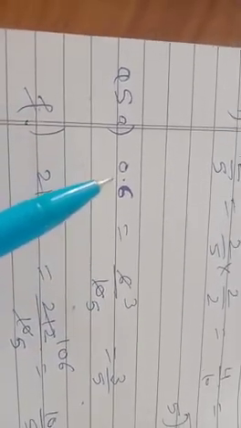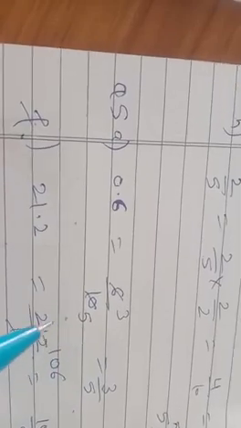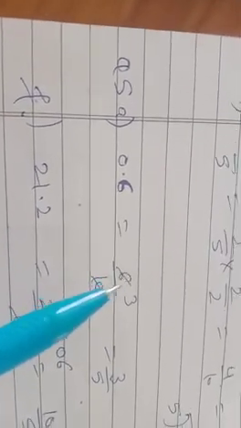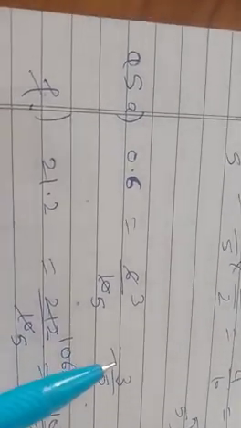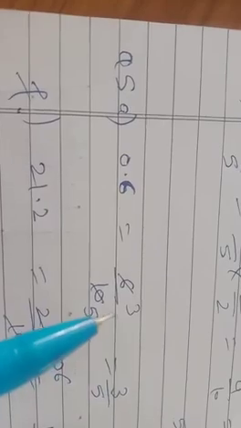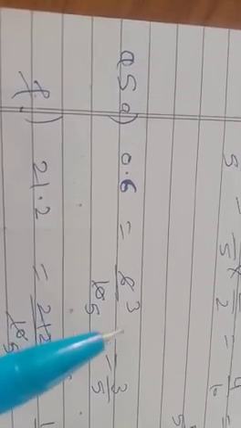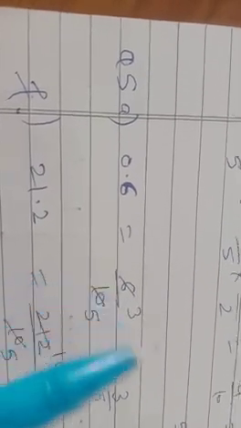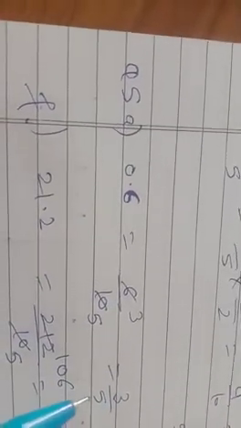Here we have only one number after the decimal, so we will divide it by 10. So it will become 6 by 10. Then we have to simplify into lowest form, so we will divide by 2. So 2 threes are 6, 2 fives are 10. So we have 3 by 5 as the answer.